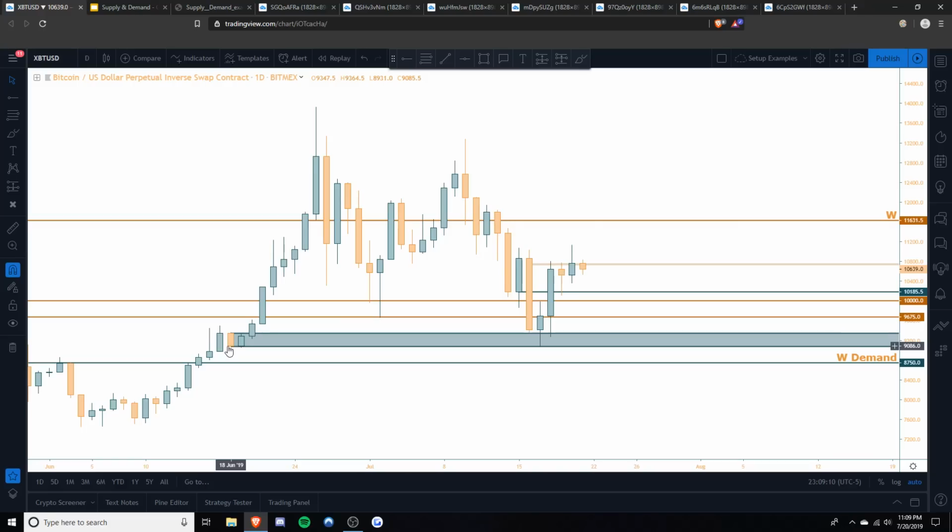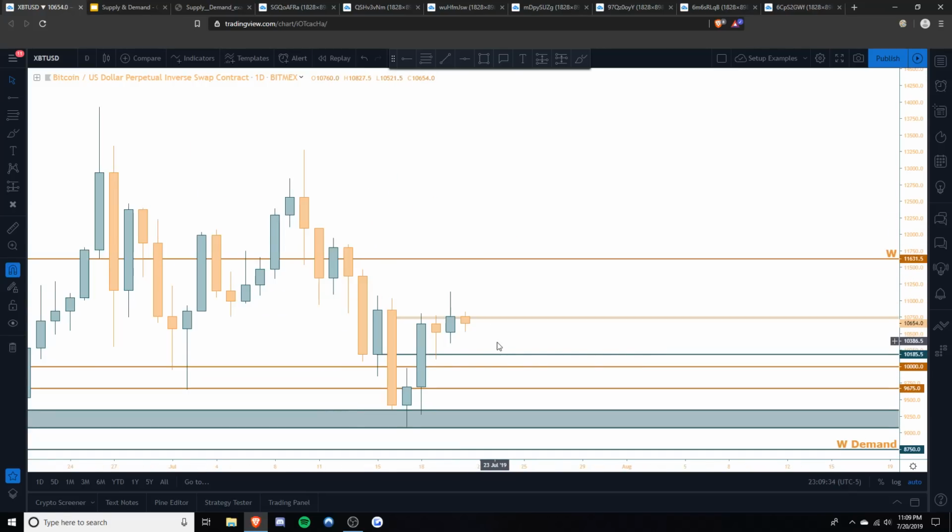I got a perfect score on the odds enhancers, the probability score. So really, unless it's a super key supply zone up here, it's not going to stop the bullish momentum we get from this daily demand. So now that we hit this very key, perfect probability score demand zone, we have a bullish bias. That's pretty much how I go about it.